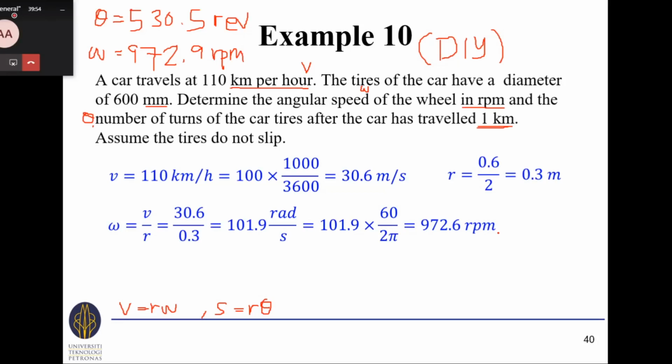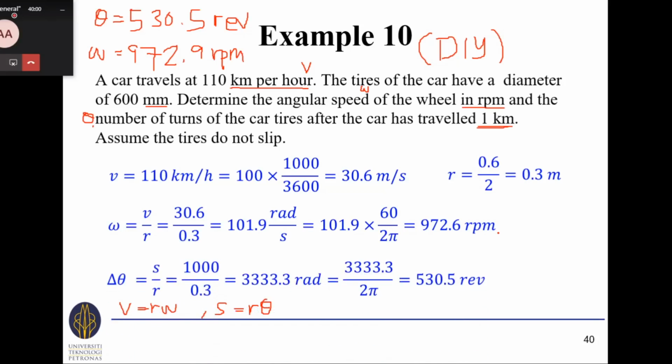My answer is a little bit different, but it's okay. Maybe just a little bit different in decimal places is fine. And then theta equals S over R. This is coming from S equals R theta. Again, when you use the equation, you will get your answer in radian. But since the question is asking you to find the number of turns, you can only get the number of turns when you change everything to revolutions.